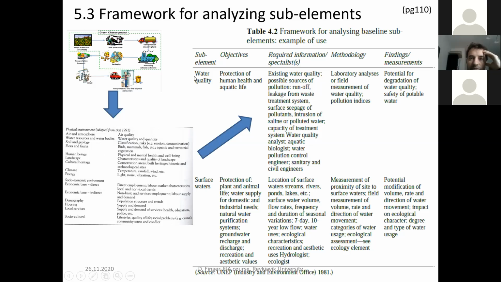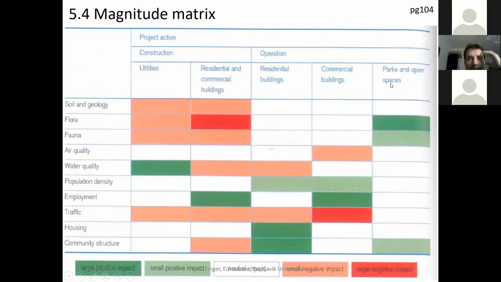So a table like this, where you have sub-elements, where you identify already subsequent impacts and methods to mitigate them, can be quite helpful.